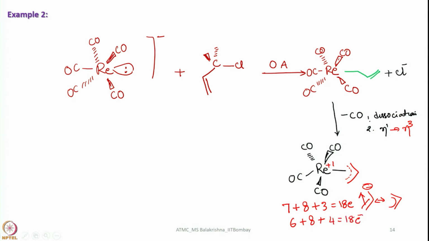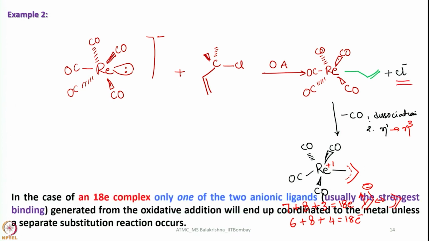So, this is another example. The anion here that we are considering is the best donor ligand. So, in the case of an 18 electron complex, only one of the 2 anionic ligands, you can see here, this is also an anionic ligand, this is also an anionic ligand. Usually the strongest binding ligand generated from the oxidation will end up coordinated to the metal unless a separate substitution reaction occurs. Why this one?